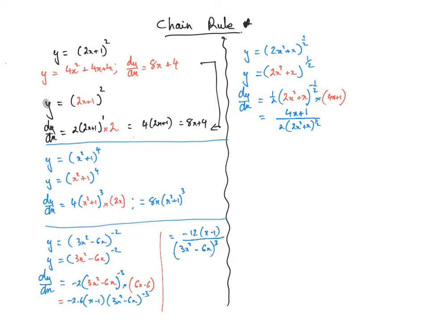But that's a pretty good way of leaving it. I could possibly write it as 4x plus 1 over 2 times the square root of 2x squared plus x. All right, so that's our chain rule. On that worksheet that we've got, that's what we're looking at now to do a few chain rule questions.